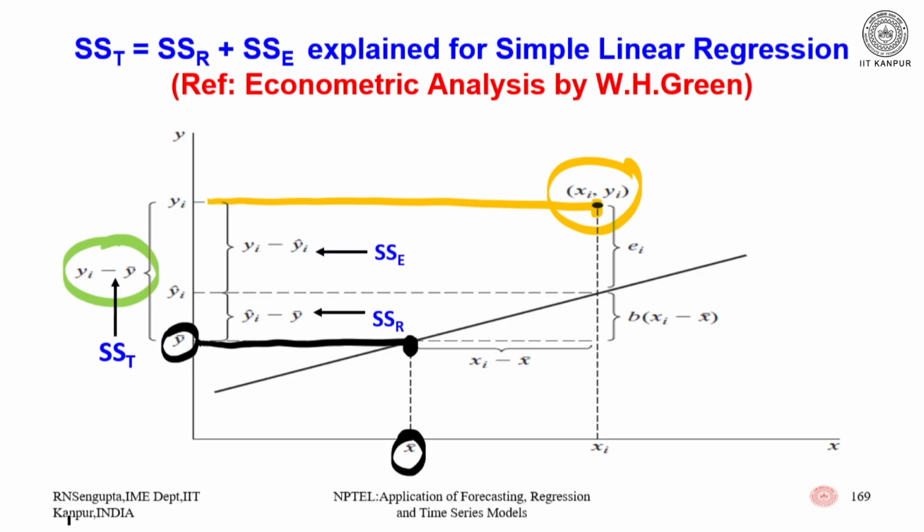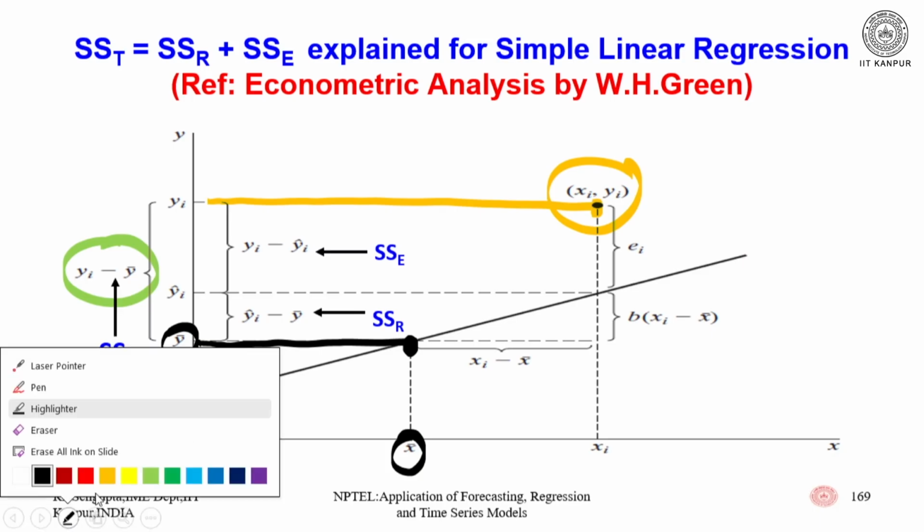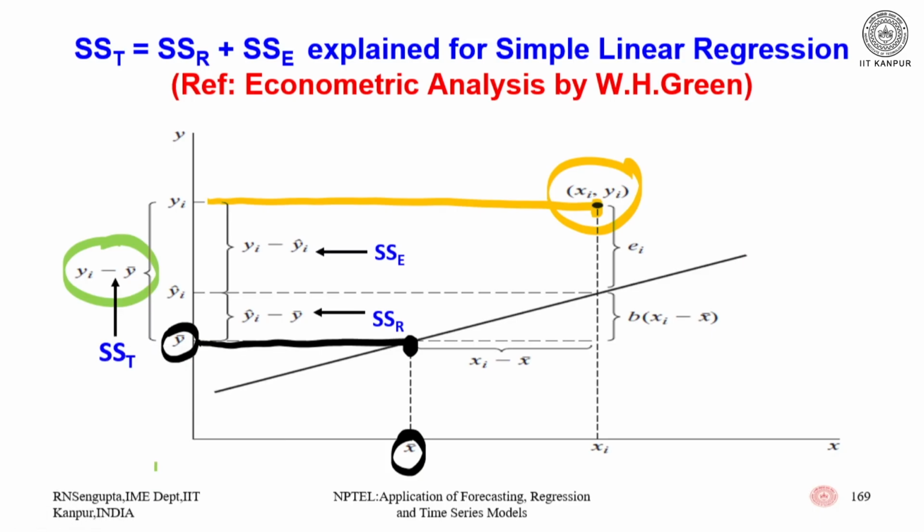The difference between them gives me this, which is the difference of yi minus y bar. Square them up, again I am repeating, add them up, that gives you the total sum of squares.